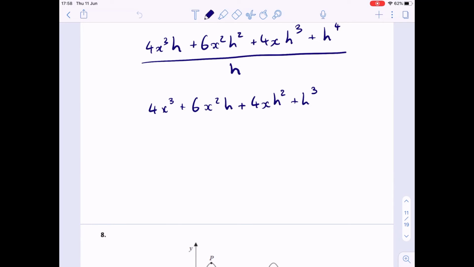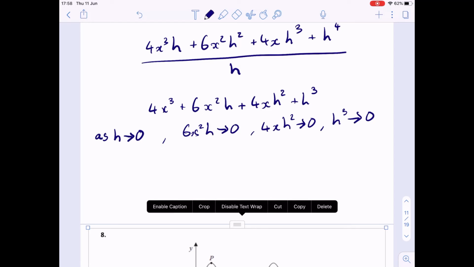And now this is where our proof comes in. We say as h tends to 0, 6x squared h will tend to 0. This 4x h squared is going to tend to 0, and this h cubed is going to tend to 0.